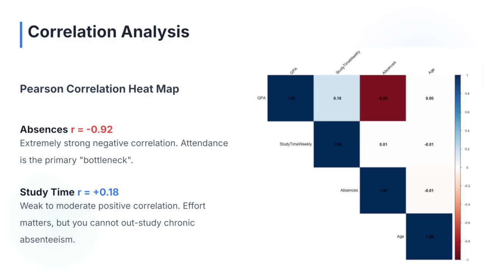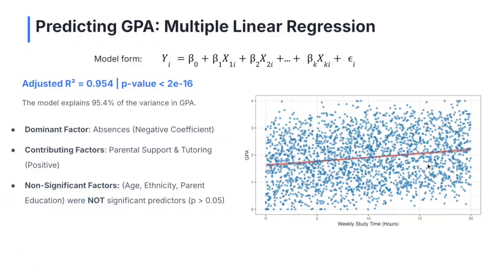In contrast, study time, which is a light blue square, has a positive correlation with GPA of 0.18, and it helps, but not as much as absences negatively affect GPA. So the takeaway is that you simply cannot outstudy chronic absenteeism.